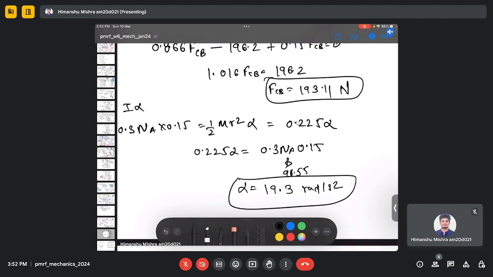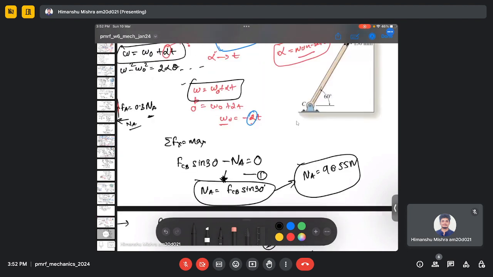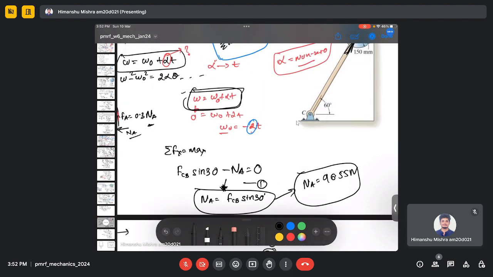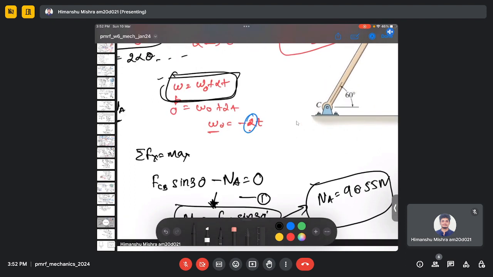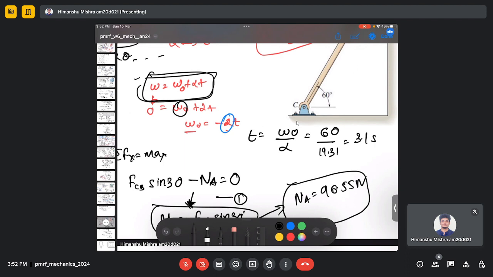So I got the angular acceleration. Now I can use this kinematic equation to determine time. So my initial omega is 60. My final omega is 0 because it is coming to a stop. So my time will be omega naught by alpha, which is 3.1 seconds.